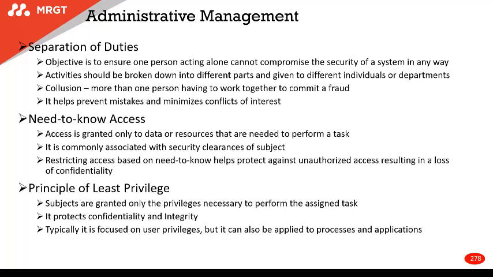If we want to give access to a resource, we need to make sure it is really necessary to carry out his job. Is it included in his job role that he needs to know about this information? For example, if there's a Windows server and that server has, say for example, networking.